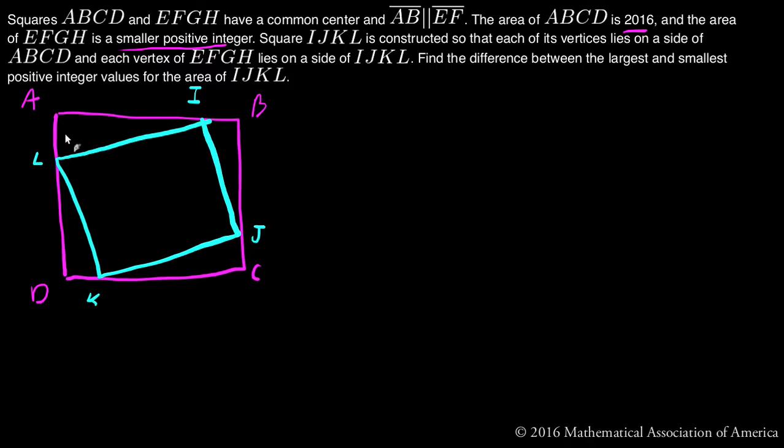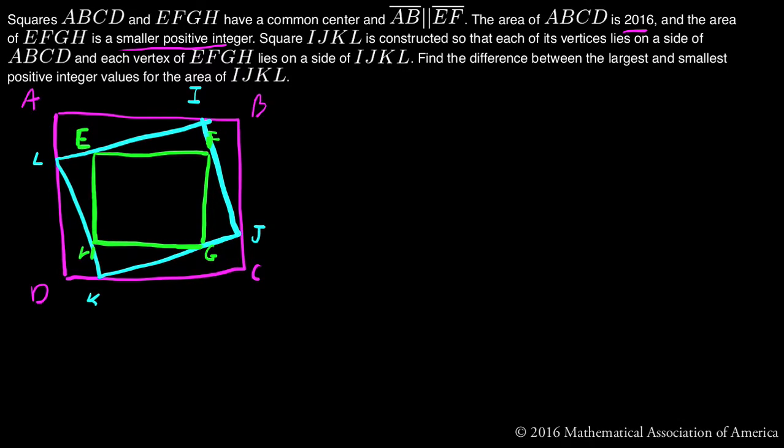And then inside that, I have yet another square that has, sorry, not the same area, the same center as the ABCD. So that's E, F, G, H. And these are parallel.